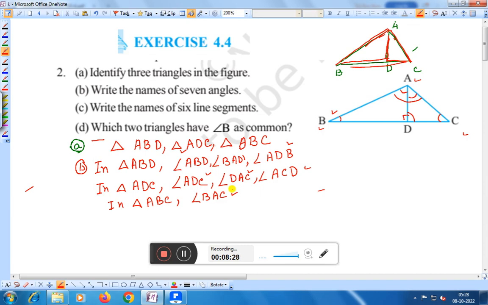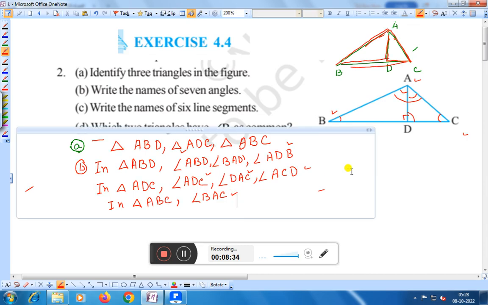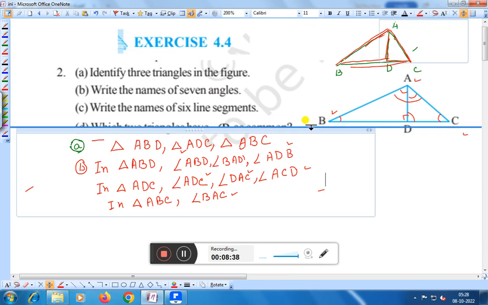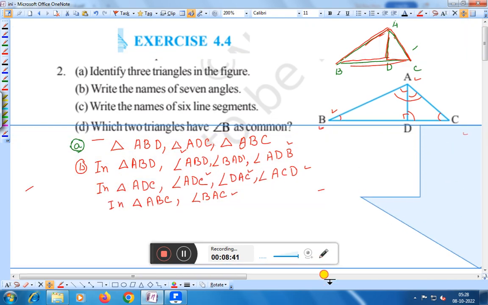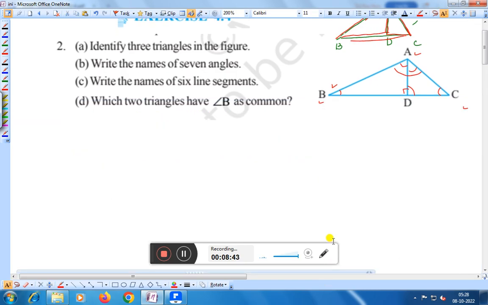Now question C is write the names of 6 line segments. You have to take 6 line segments. Let us take 6 line segments. That is question C. Take a line segment.